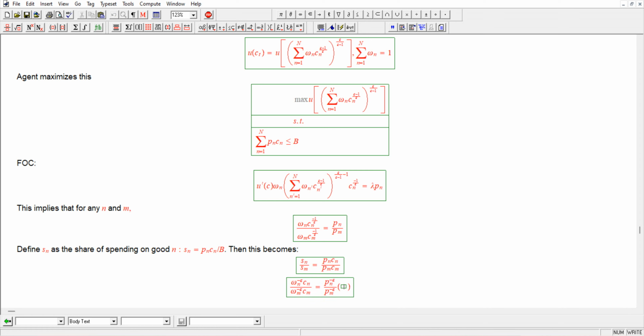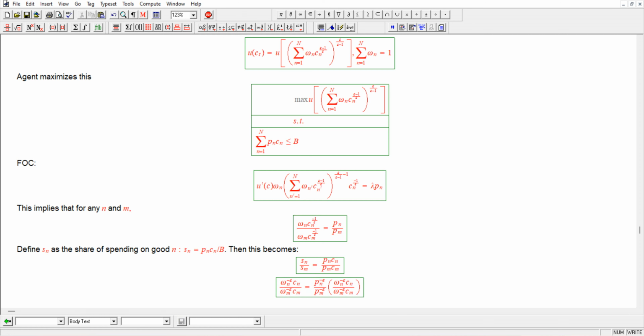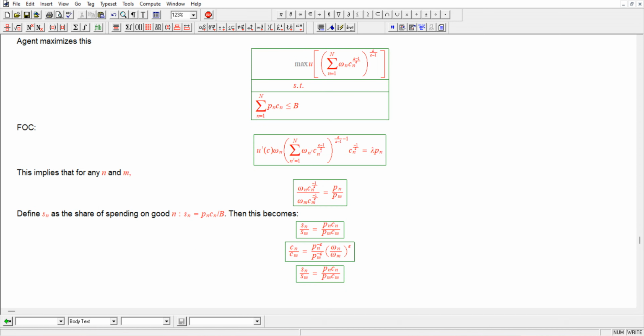Finally, multiplying both sides by these weights, I'm going to end up with this being the ratio of real consumption between these two goods. So I can substitute Cn over Cm with this term here.